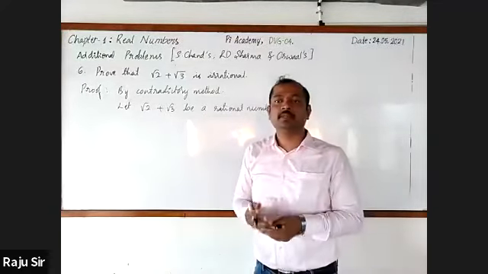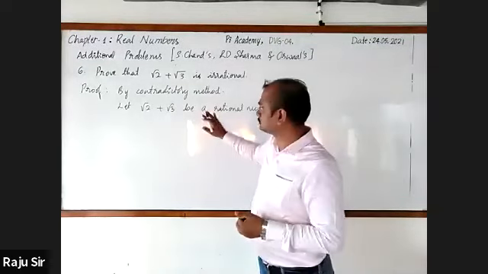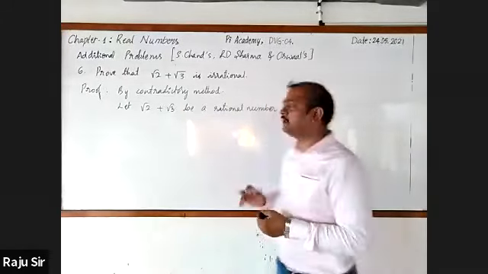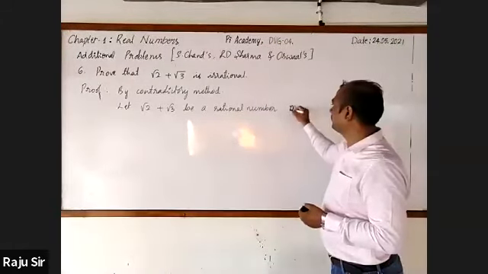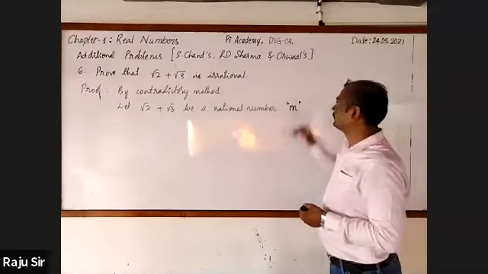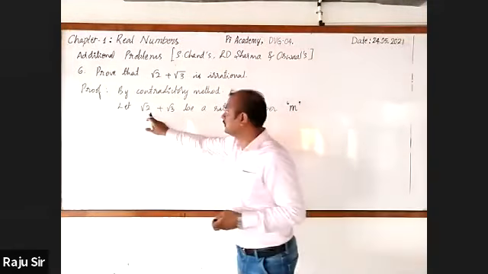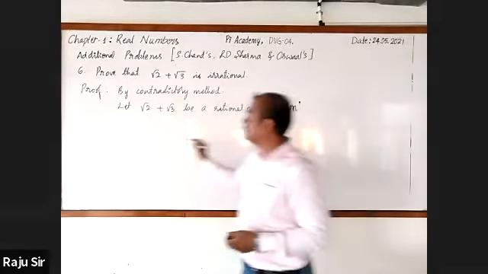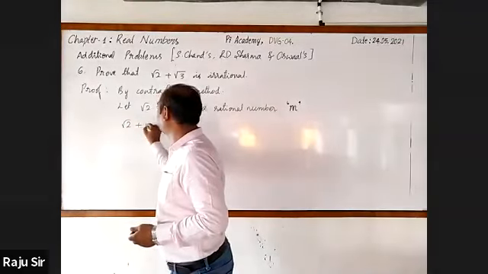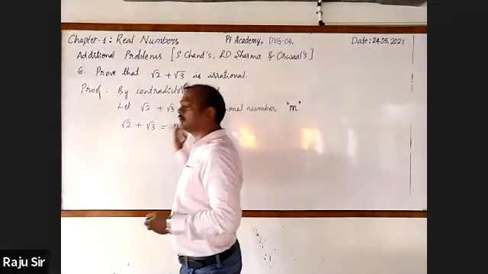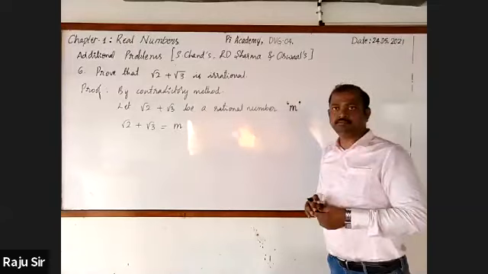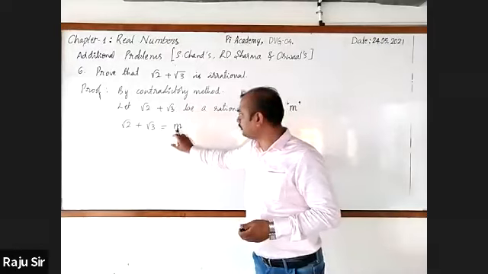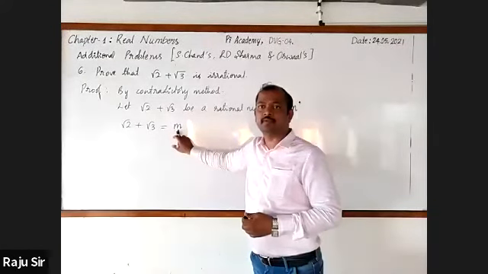However, to make the steps easier, I go for taking m. Let root 2 plus root 3 be a rational number m. Then you can write root 2 plus root 3 is equal to m. Followed? Even you may take p by q. If you take a single term, it will be easier for solving.